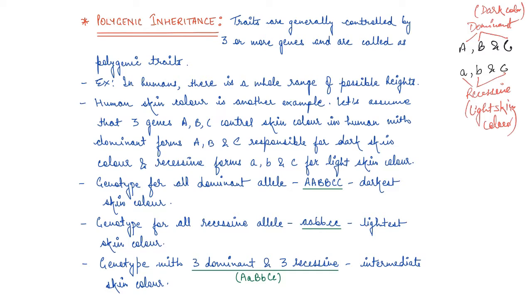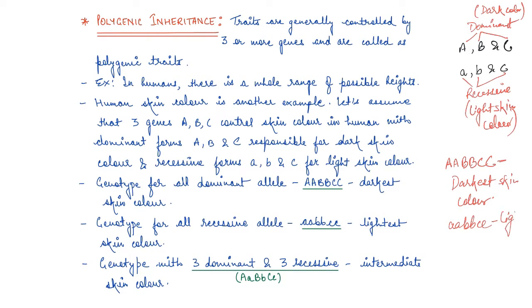color, right? Now if we talk about different genotypes, a genotype for all dominant alleles can be this, right? So this will be the darkest skin color, and all recessive forms will be this.